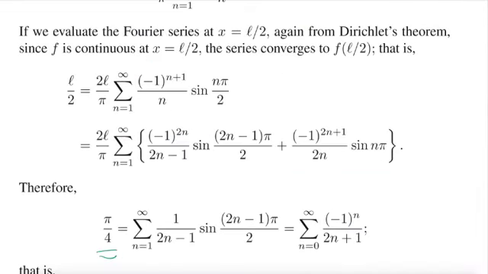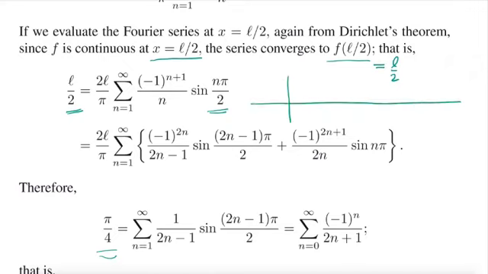So we're going to take x is L half, we sub it in, f of L half, which is also equal to L half, of course. So then we have L half here. And then this becomes the sine of n pi over 2, because we substituted L half and then the L would cancel. Now look how the sine function looks like.